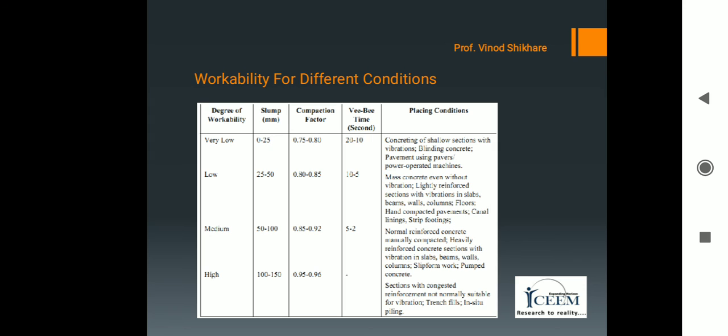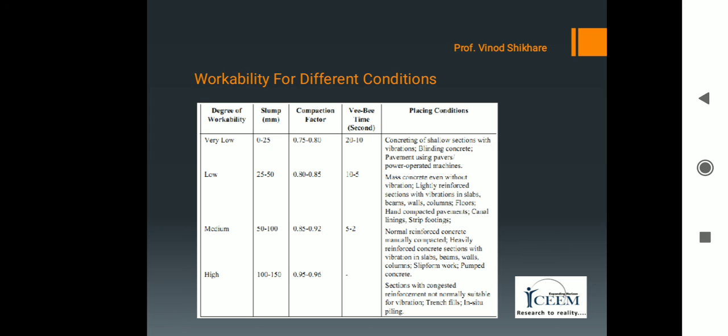Then compaction factor for low is 0.8 to 0.85, and VB time is maximum 10 seconds and minimum 5. This type of concrete is used for most concrete even without vibrations, lightly reinforced sections with vibrations in slabs, beams, walls, columns, floors, hand compacted pavements, canal lining, strip footing.